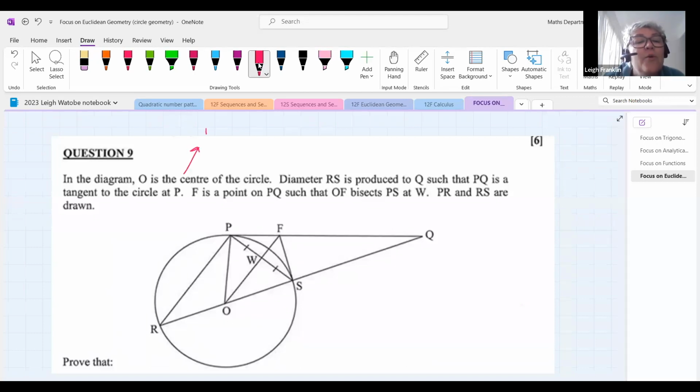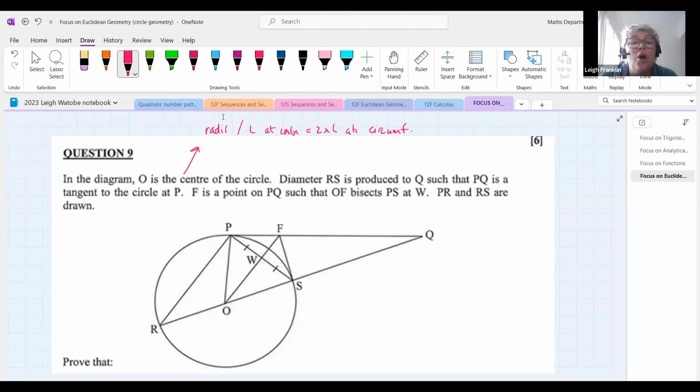Okay, so here we need to be aware of radii. We need to be aware of angle at center equals 2 times angle at circumference. We could also potentially have angle in a semicircle, if they tell us that we've got a diameter. Let's just see what else they say.